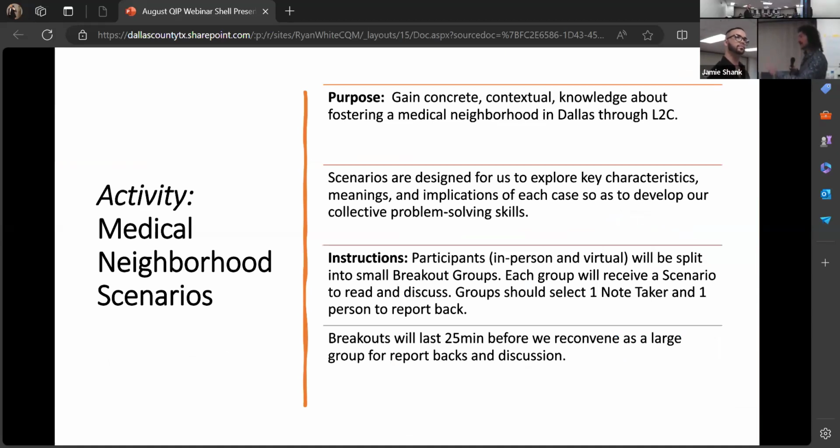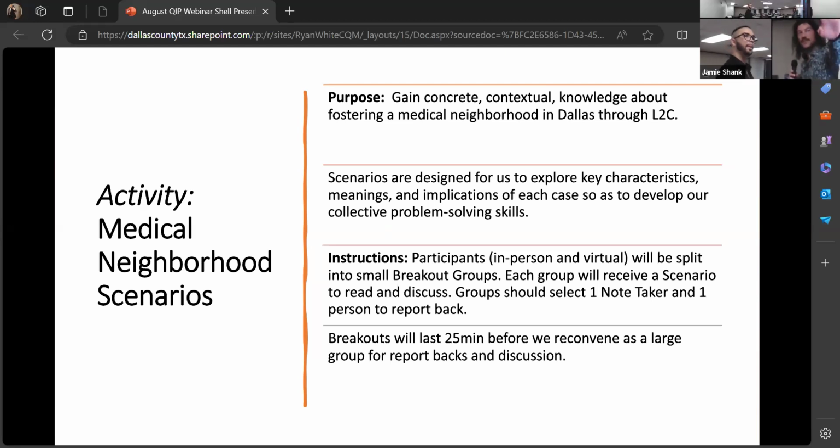So we're trying really hard to emphasize the person-centered approach to our work and our care. So we've made up some scenarios that represent people based on our experiences working across the field, especially in Dallas, about some of the common issues that we see and hear and experience among the people that we're trying to help.